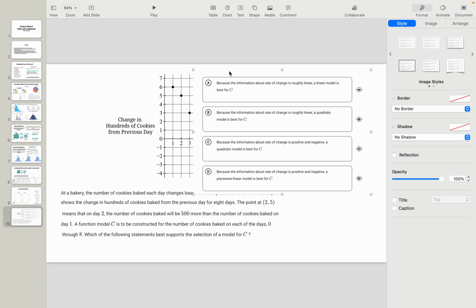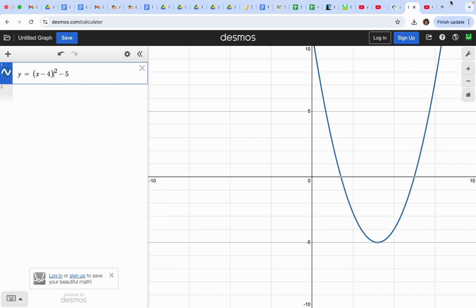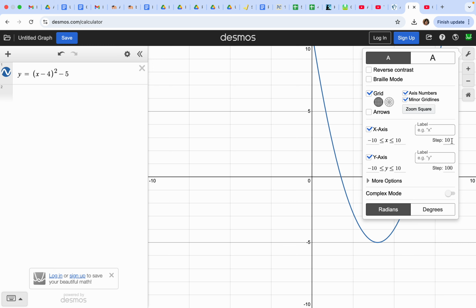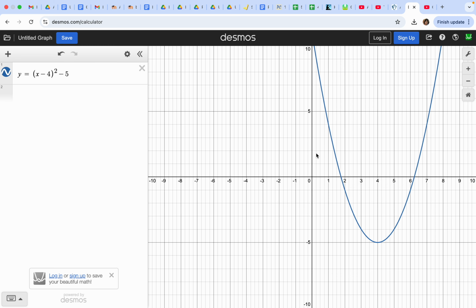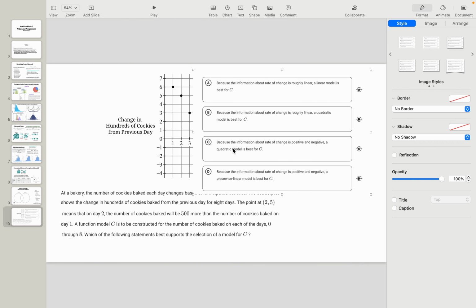A quadratic model makes sense, because I have Desmos up here. This isn't the model, this is just a quadratic. But if I took the rate of change with a step of 1, between 1 and 2, and then the rate of change between 2 and 3, I'm going to end up with linear data points here.